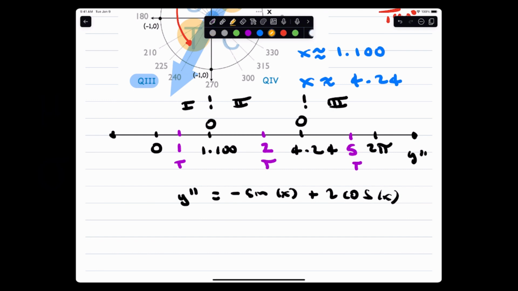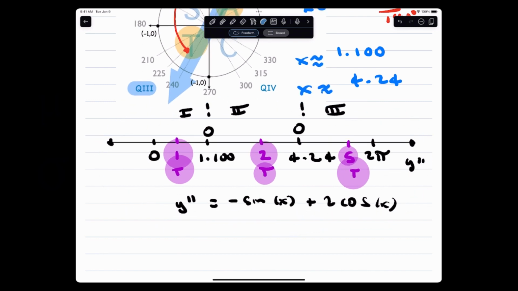What I'm going to do here is an extremely important detail, because the devil's in the details. How would you guys test these regions?